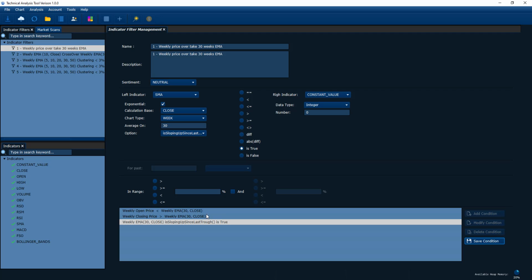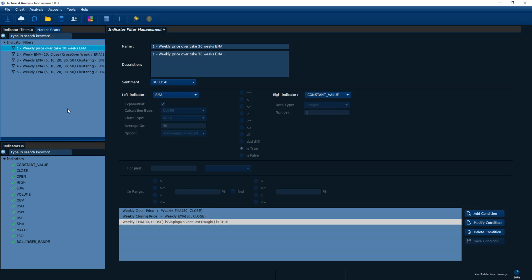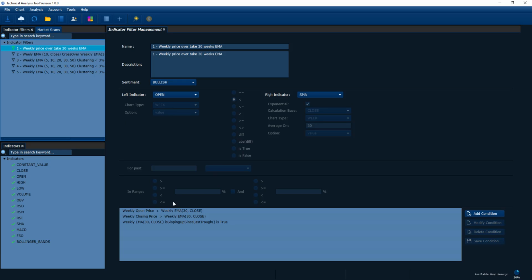So with these 3 conditions together, as you can see, using the moving average functions, we can scan the market and see if there is that kind of bullish sentiment behind it, right? Okay, let's use this filter to do a market scan now.